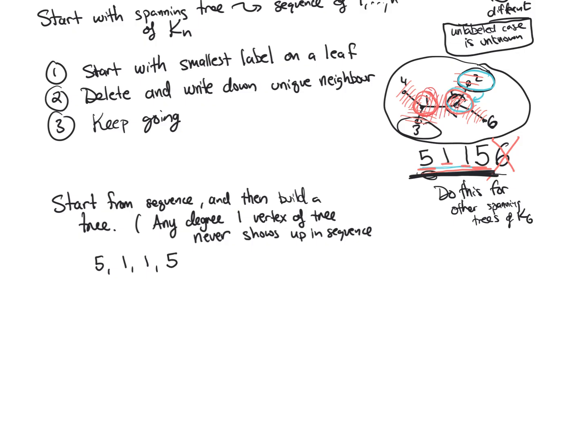Okay, so you first find the smallest n not in the sequence. Again, there are at least 2 of these just by the number count. And you attach the vertex to the first number in the sequence.